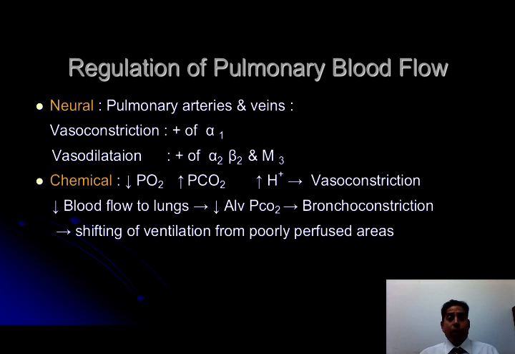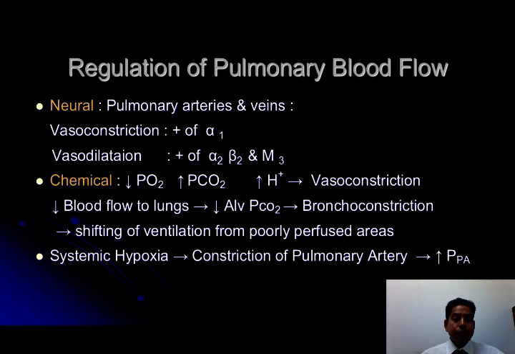So what the body wisely does is divert this blood to an alveolus which is better ventilated so that gas exchange can occur. There is no point supplying blood to a poorly ventilated alveolus. So anywhere where there is a bronchoconstriction, a fall in the PCO2 will occur.